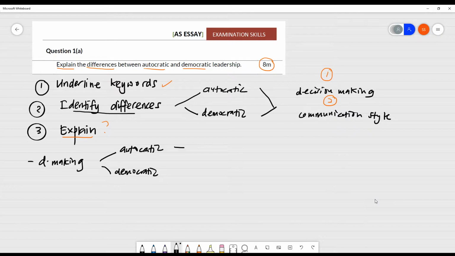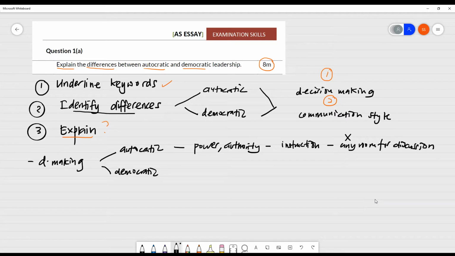An autocratic leader focuses on power and authority, right? So the decisions made are normally instructed, right? It is basically assigned to the employee without much room, right? So it's basically an instruction to follow, all right, with no room for discussion.